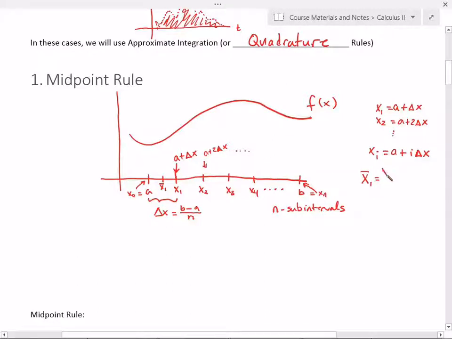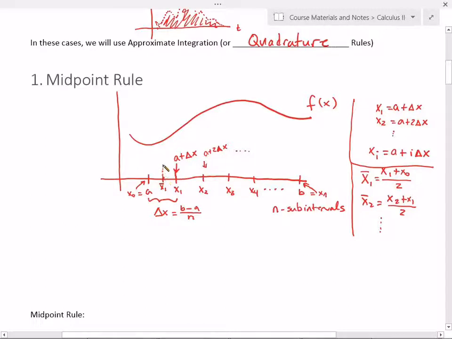So x1 bar is x1 plus x0 divided by 2. And of course, x2 bar would be x2 plus x1 divided by 2, and so on. Just some helpful formulas that we'll use. So the bar just means the mean. It's used in statistics for mean, for average, so that's why I'm using it here. That's the only one of these rules that has that extra point, and it's the point that's in between all of the x's. The bar over the top means halfway in between.